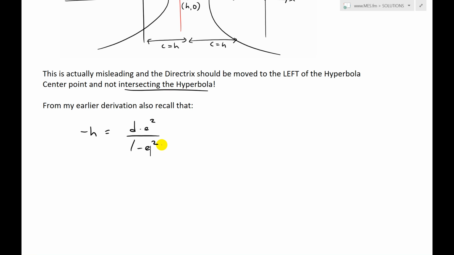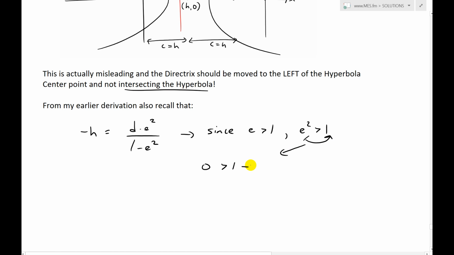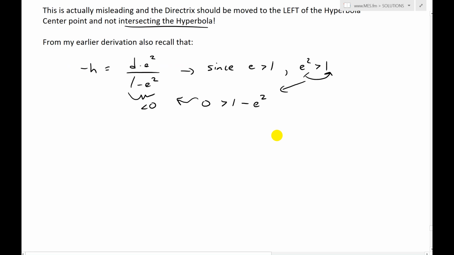So from here, what you can notice now is, since for a hyperbola we have e greater than 1, then if e squared is greater than 1 and you move this over to this side, what we end up getting is 0 is greater than 1 minus e squared. That's this part right here. So in other words, this right here is negative, or less than 0. So that's going to be negative.